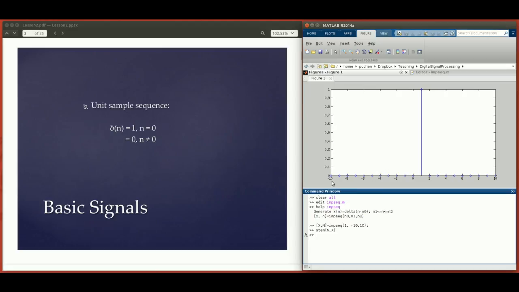The location of the time samples are indicated by those circles, and the length of the stick is going to tell you the amplitude of the signal. So at n equals 1, you'll get a unity amplitude, and at every other location the amplitude is 0. That's exactly what we were expecting.